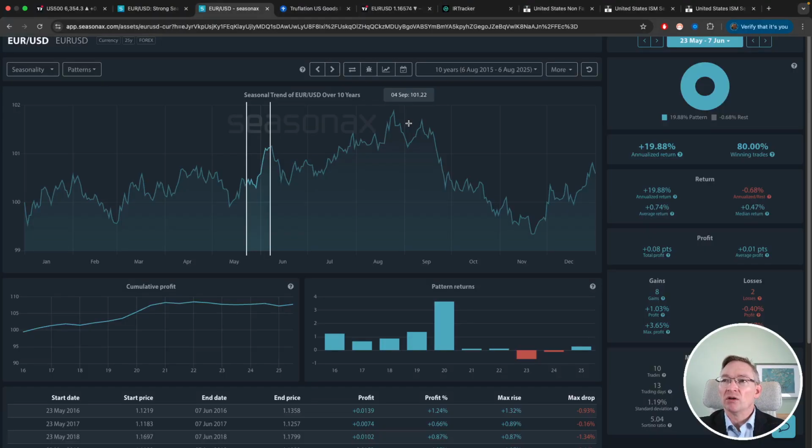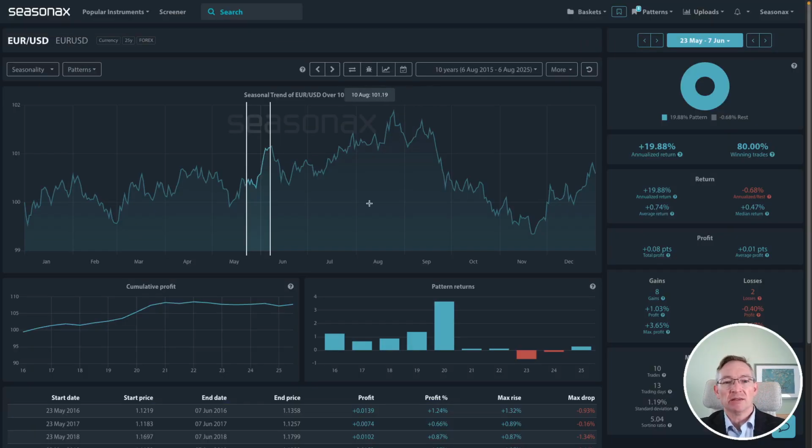So look, Seasonax itself doesn't make a distinction between the technicals, the fundamentals, and the behavioral effects. That's not what it's there for. What this does is it shows you those strong seasonal patterns. This is why I love Seasonax. I've been a user of Seasonax for years, well before I became an analyst for Seasonax, because I just love this.